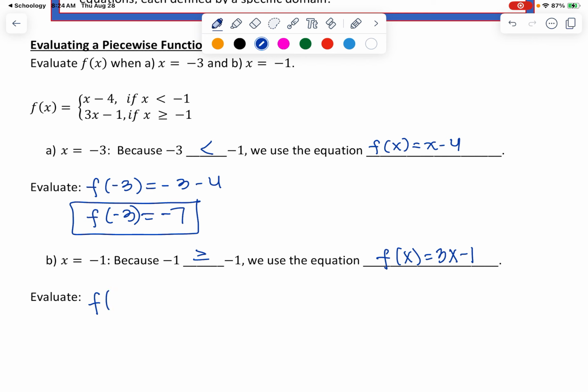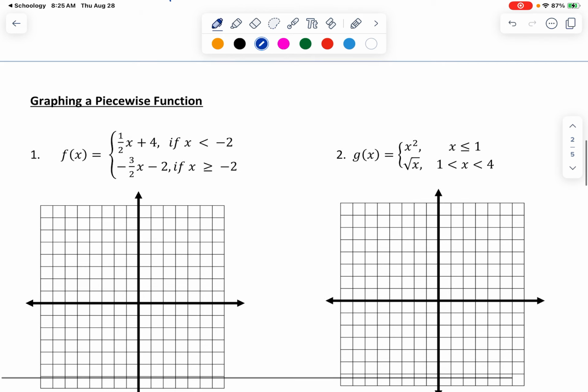So to find f of -1, we're doing 3 times -1 minus 1, which is -4. So we have f of -1 is equal to -4. Or you could just box -4. Good? Okay, let's move on to graphing.